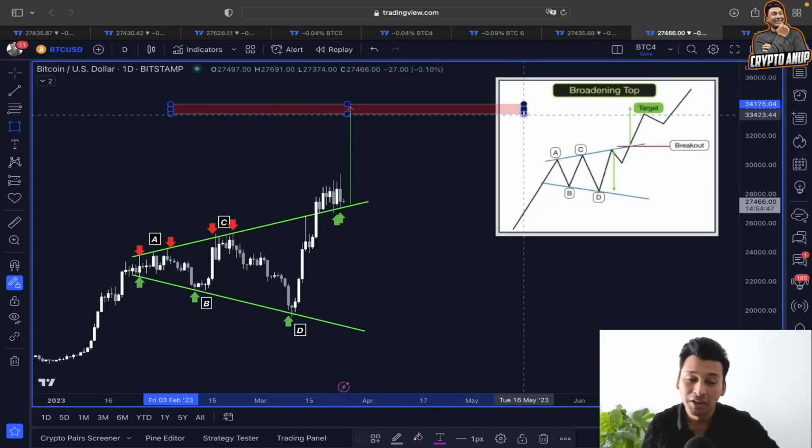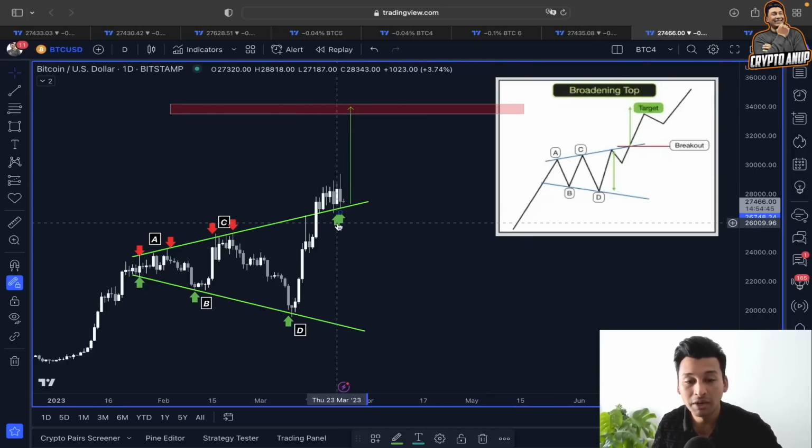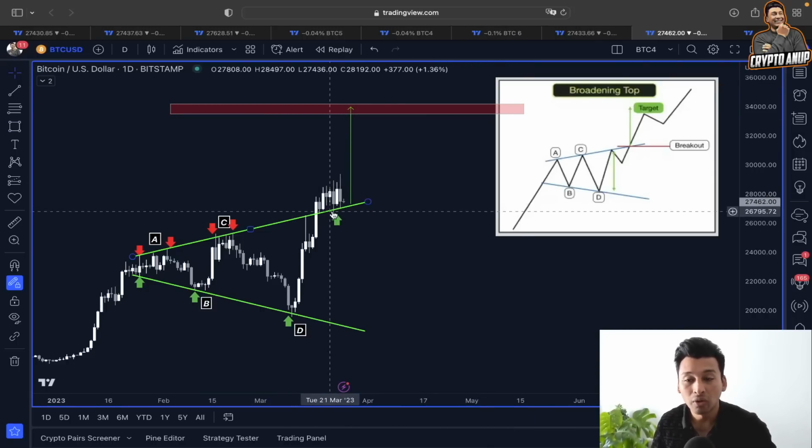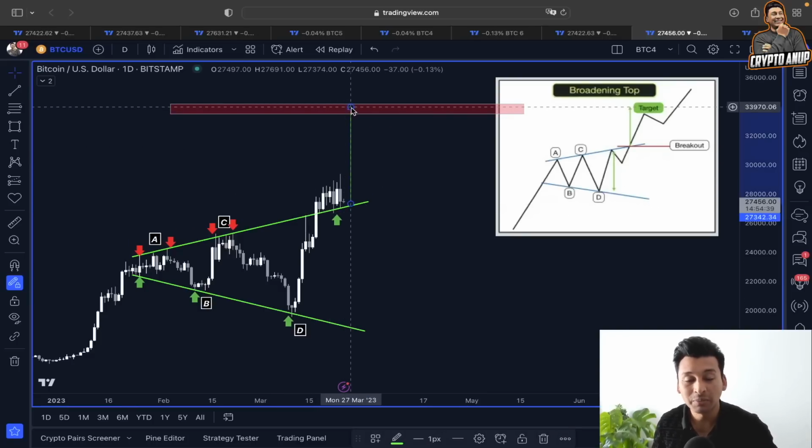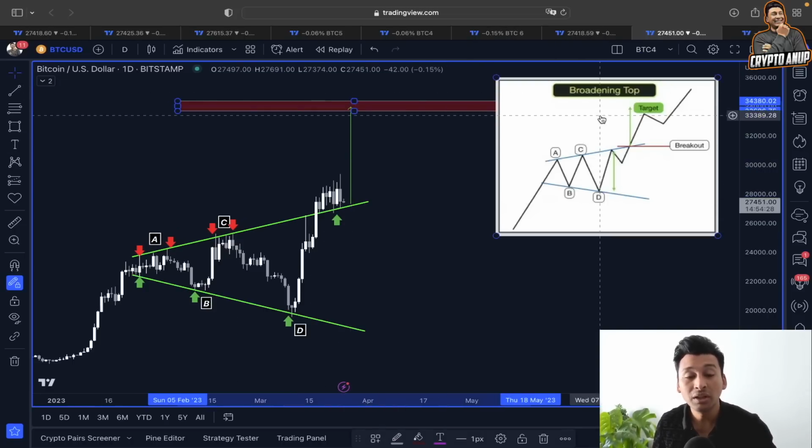So that's why if the price manages to remain above this key line of support around 26,800, 27,000 range, then we can still expect the price to get gravitated towards the next area of confluence. In that case, it's going to be around the 30,000, 33,000 range before it chooses a trend direction.